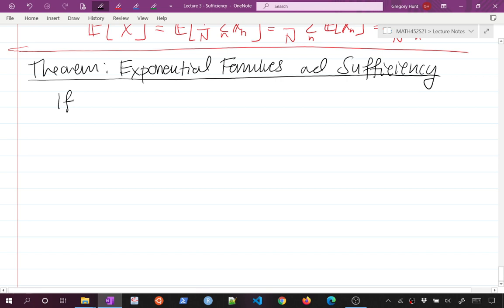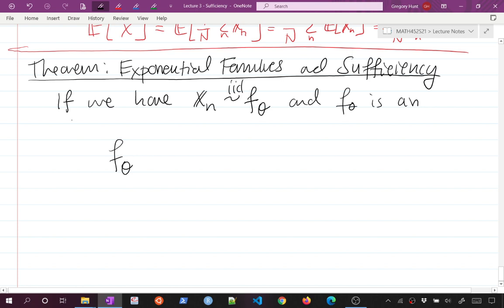And so now you're going to get a little bit of a sense, start of a sense about why exponential families are useful. If we have some random sample from some parameterized family of distributions, f theta, that is an exponential family. And so let's say f theta is an exponential family.